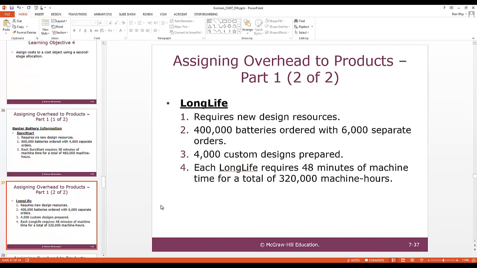The Long Life, on the other hand, does require new design resources. 400,000 of those have been ordered with 6,000 separate orders. 4,000 custom designs have been prepared, so that's different. And then each Long Life takes 48 minutes of machine time for a total of 320,000 machine hours.